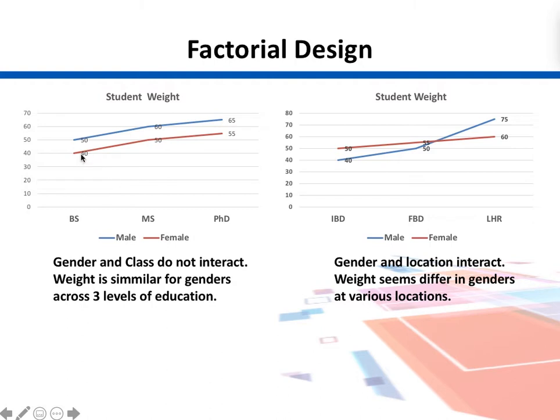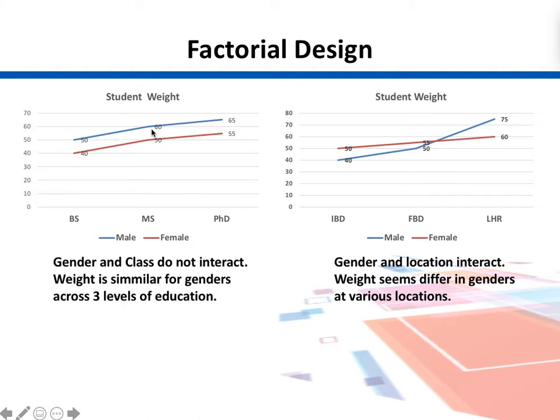Here we see that the weight of the BS girls, the female students, is 40, and for the boys it's 50. In MS it goes up to 60 for boys and 50 for girls, and in PhD 65 and 55. So we see there is a parallel relationship.